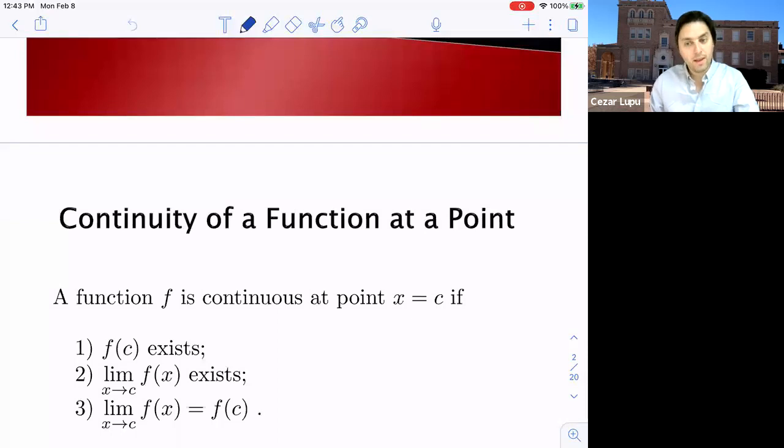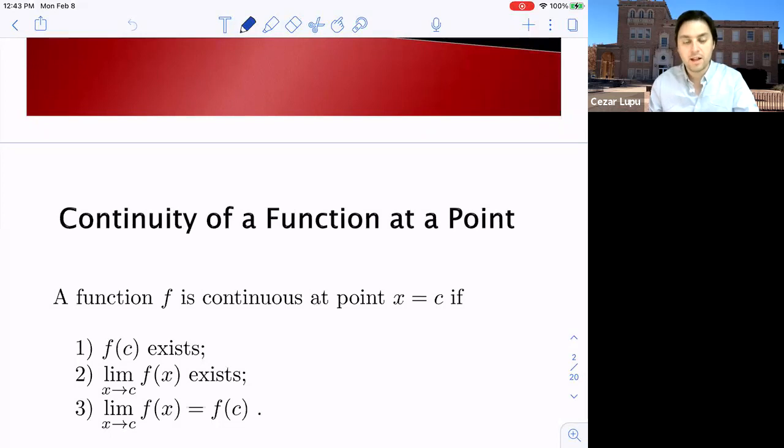The second one is that the limit of f at that point exists. So these two quantities must exist. And the third one, which is very important, is what will make the function continuous.